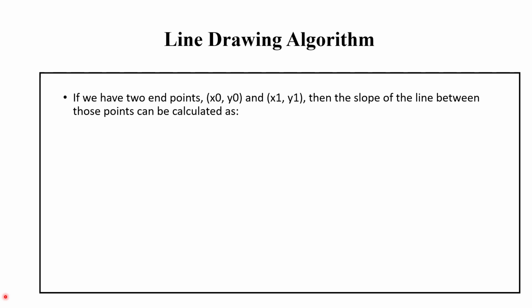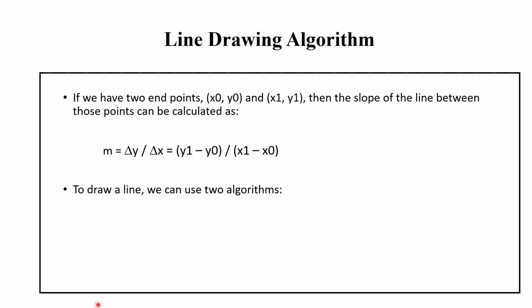If you have two endpoints, say x0 comma y0, x1 comma y1, then the slope of the line between these 2 points can be calculated as m is equal to del y by del x, which is nothing but y1 minus y0 divided by x1 minus x0.